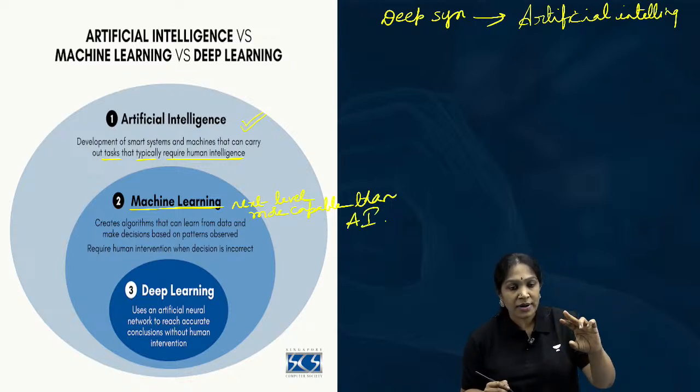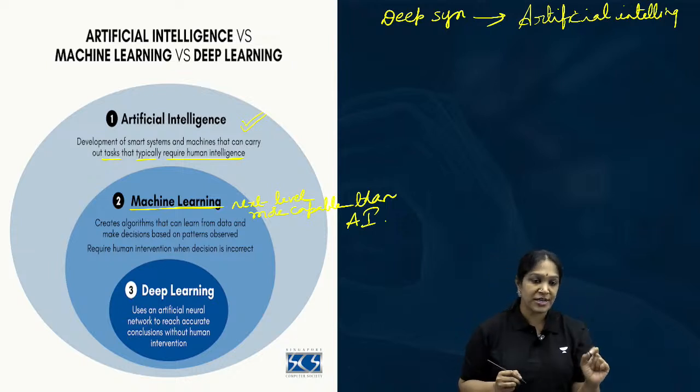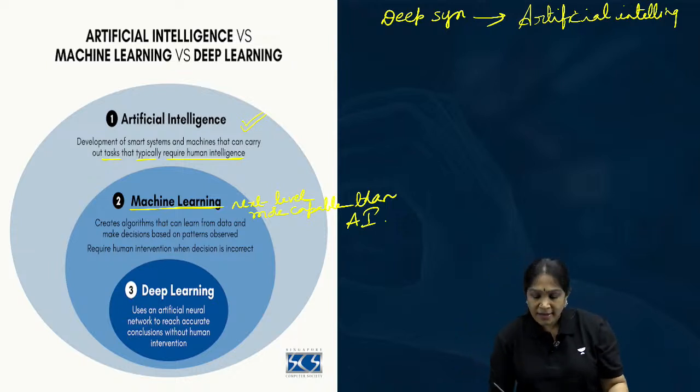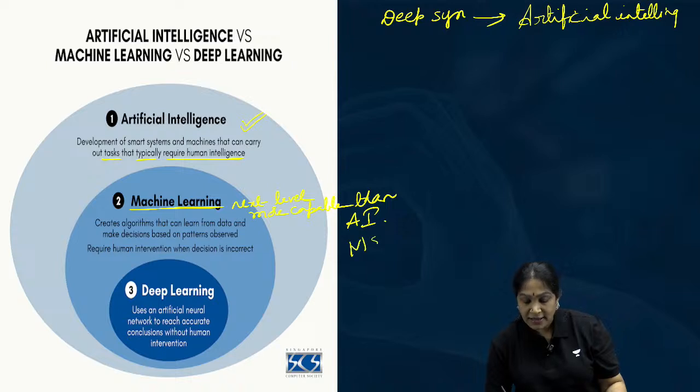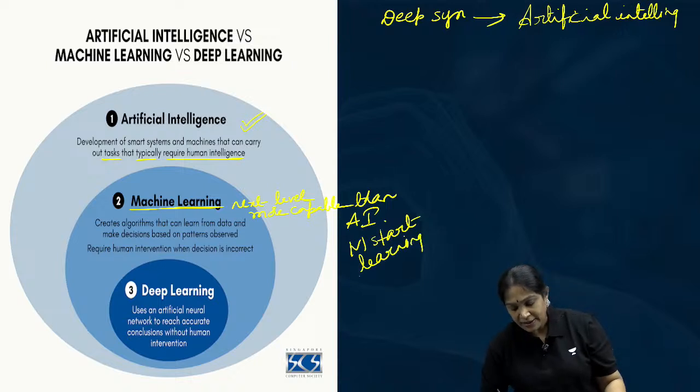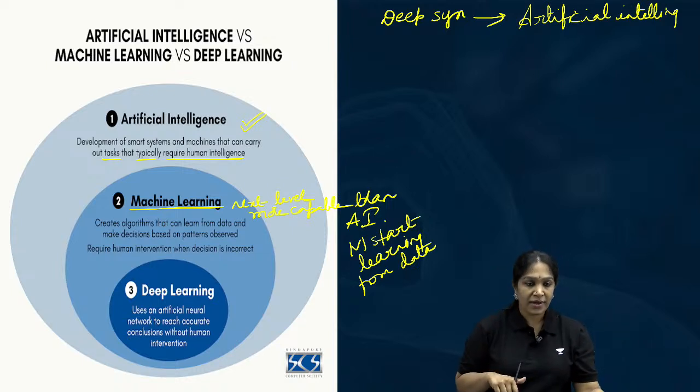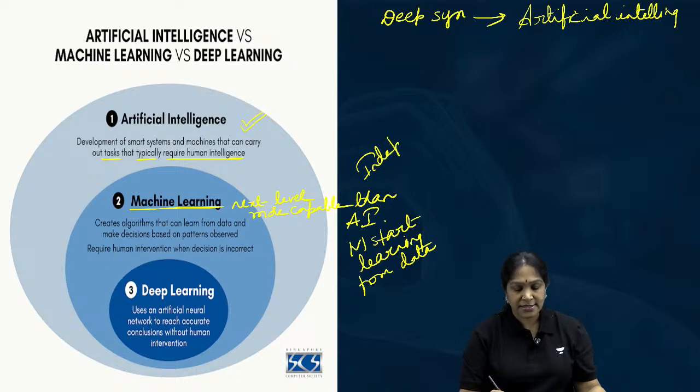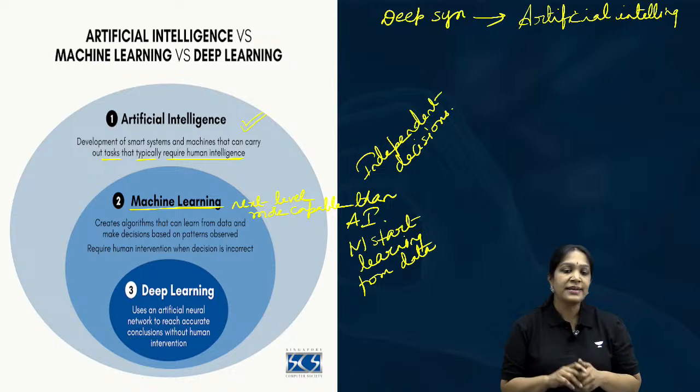Here the machine will start learning from the data, and it will take independent decisions. Then it is called machine learning.